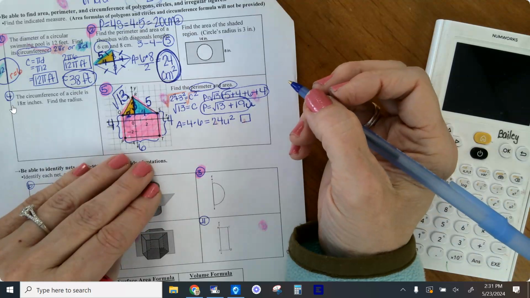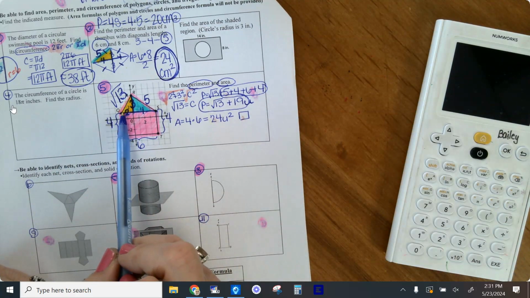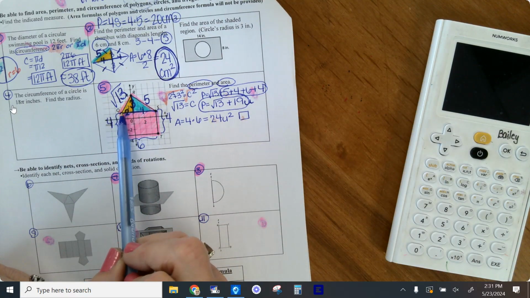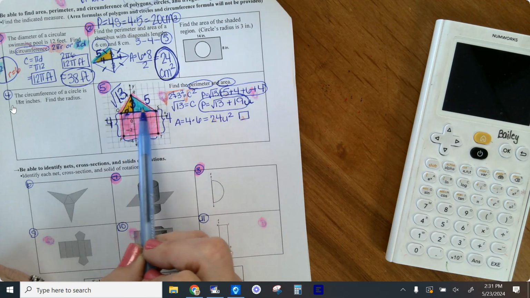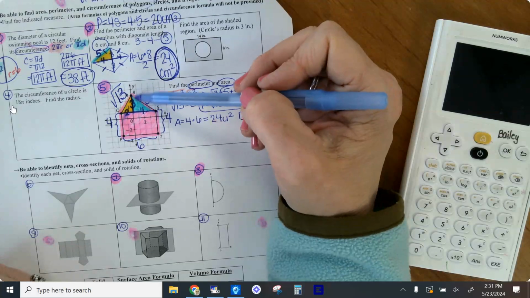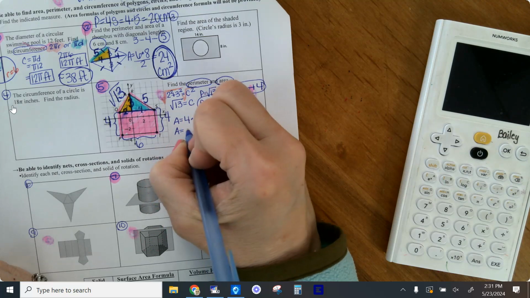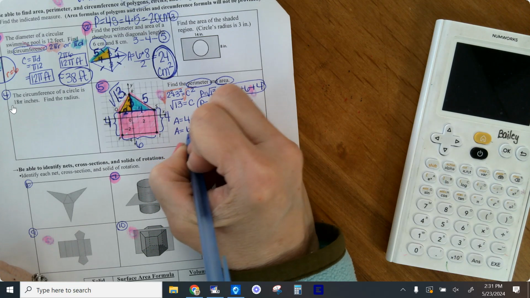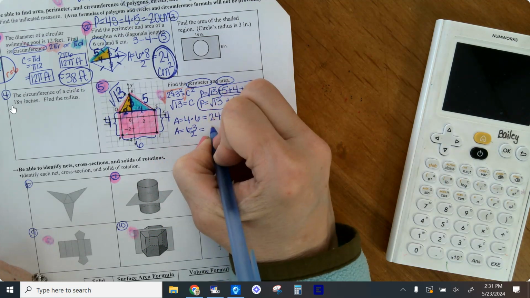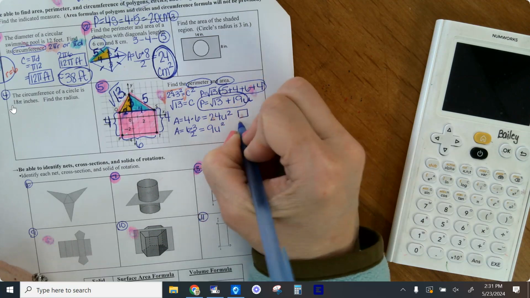Now we're going to talk about that triangle piece. This is one time where you can just go, how wide is that base? I have a 2 and a 4. How wide is that? 6. And how tall is it? 3. Okay, so the area of my triangle is 6 times 3 divided by 2, which is 9 units squared.